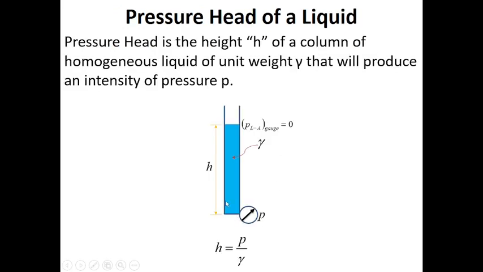We note that h here is the height of a column of homogeneous liquid, and we call it the pressure head. P is the pressure, gamma is the specific weight. So this is simply the pressure head formula: h equals P over gamma.